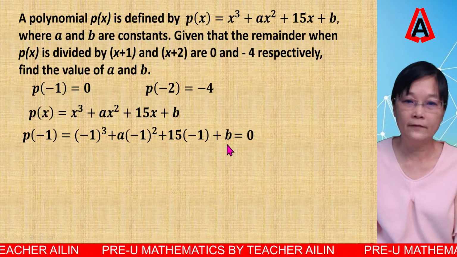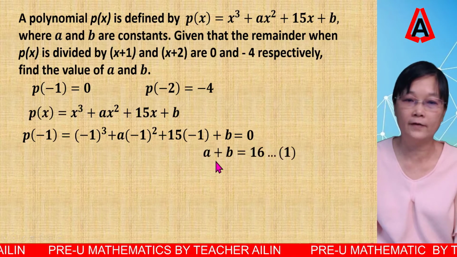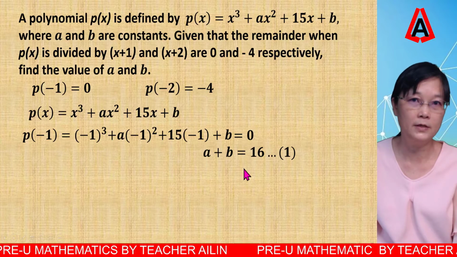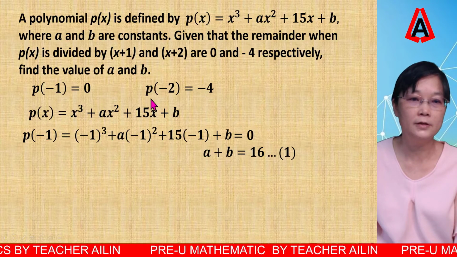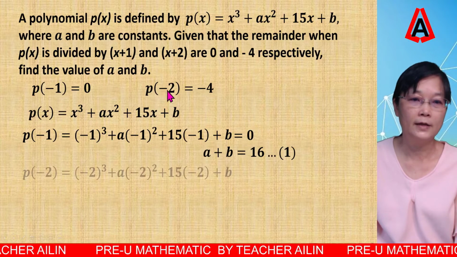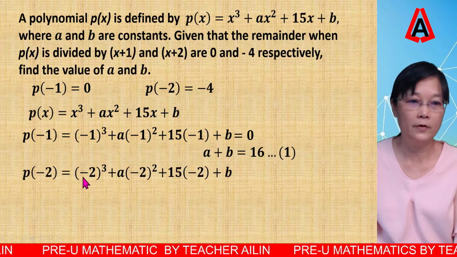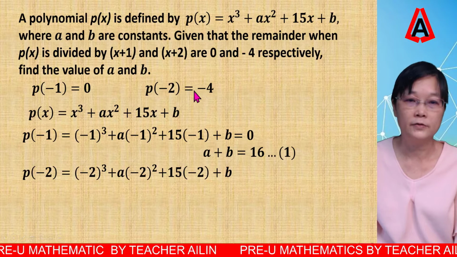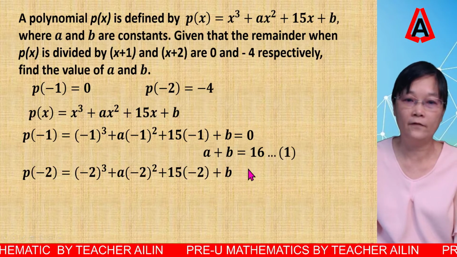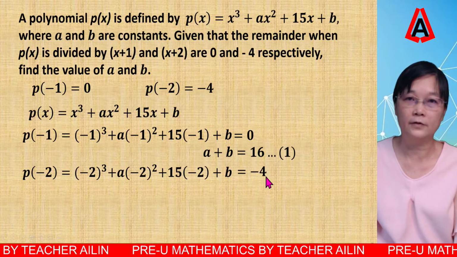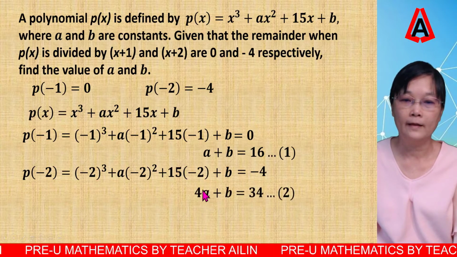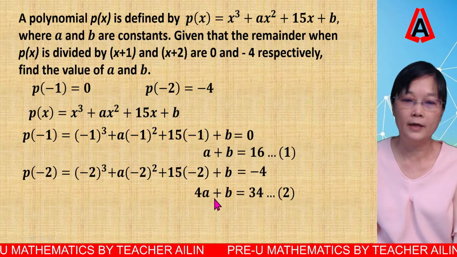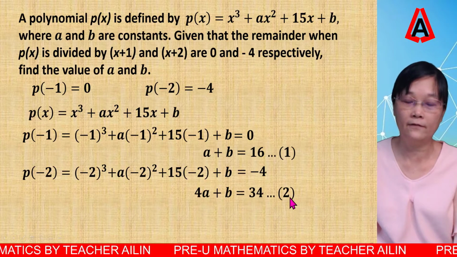When I simplify this equation, I find that a plus b equals 16. From the second piece of information, when I substitute negative 2 into the polynomial, I should get negative 4, so I write negative 4 on the right-hand side. When I simplify this, I get 4a plus b equals 34.